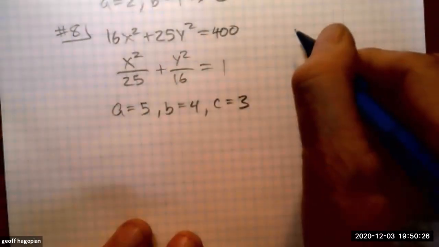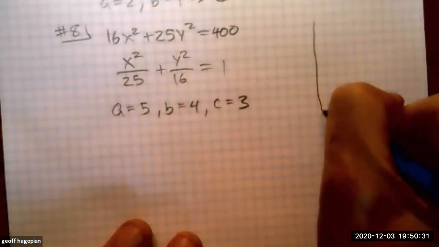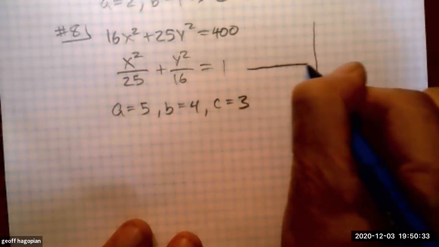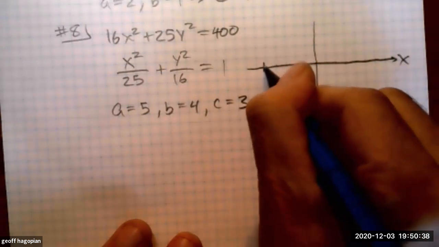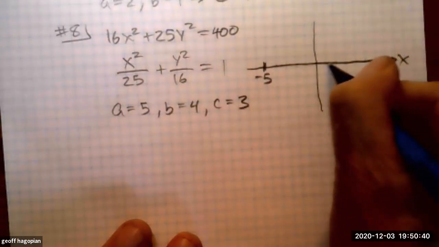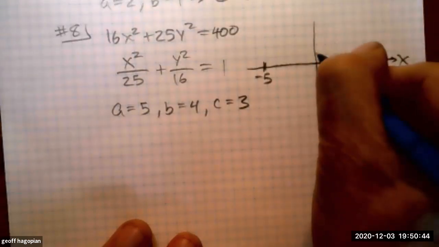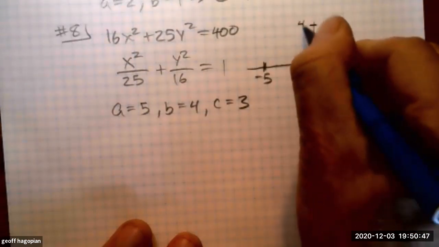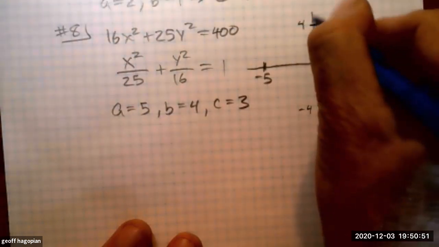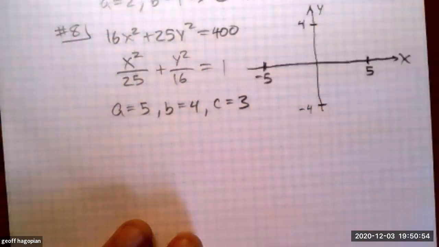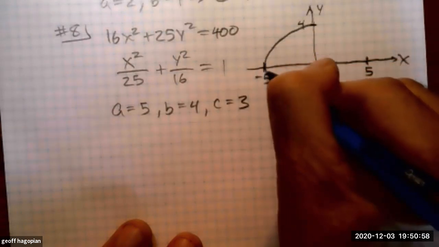What would the graph look like? Well, the major axis is horizontal. So we're going to go from -5 to 5, and 4 and -4. And so this one is not quite so eccentric, it looks like, right?